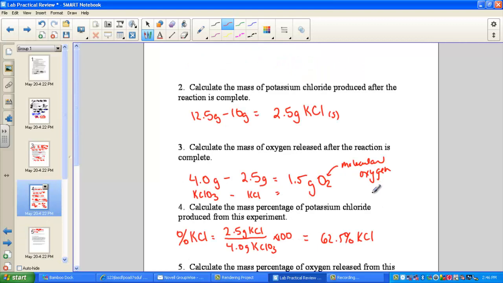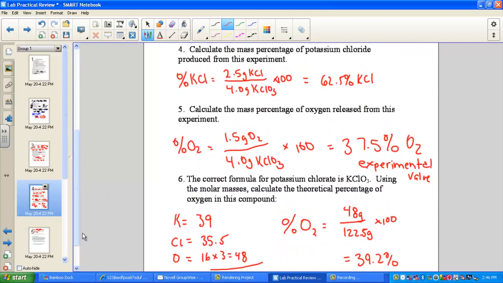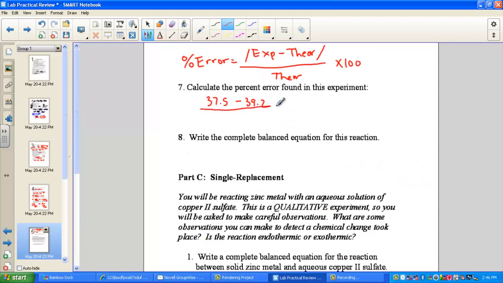Now let's remember where those came from: from our experimental 37.5, from our theoretical 39.2. So on the bottom, we have the 39.2. It's the difference between the two divided by the correct answer. Remember to ignore the negative. Now let's hit this together and see what we find. Times 100. This experiment came out with a 4.3% error.